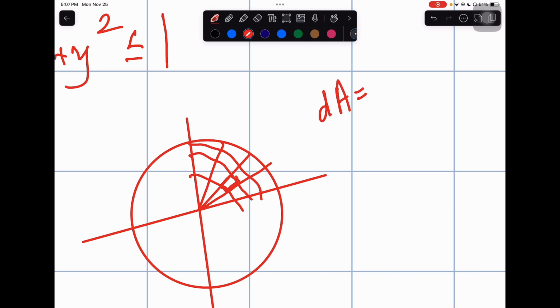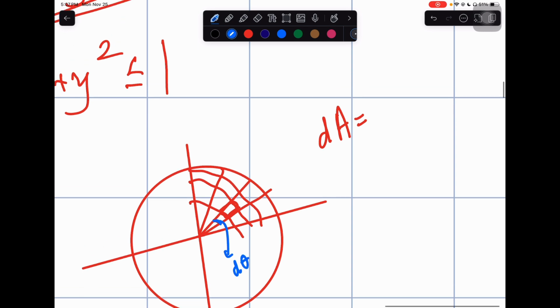it is going to be, so it is first going to be d theta, and let's assume that this angle, let me use a different color, right? This angle is d theta, so it is going to be d theta, but then how is d theta going to be a part of an area?